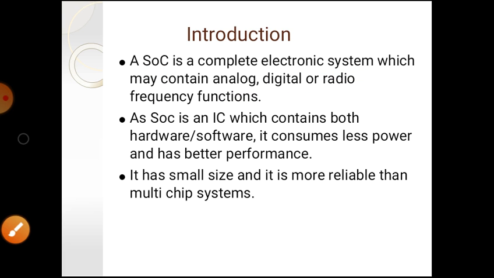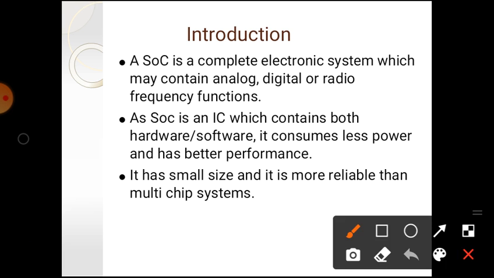SoC is an IC which contains both hardware and software. It consumes less power and has better performance. That means the system on chip is one type of IC, that means integrated circuit, which has both hardware as well as software.